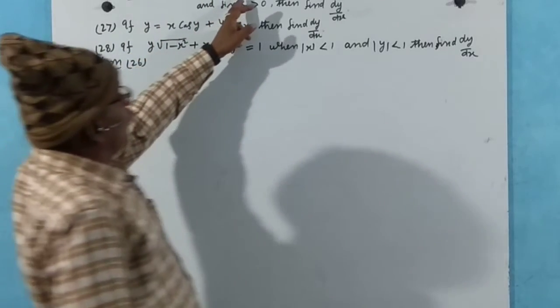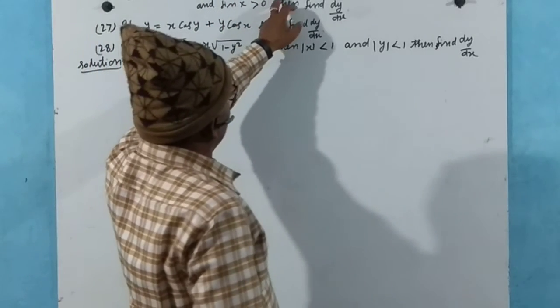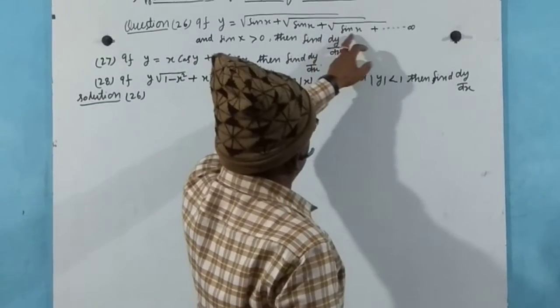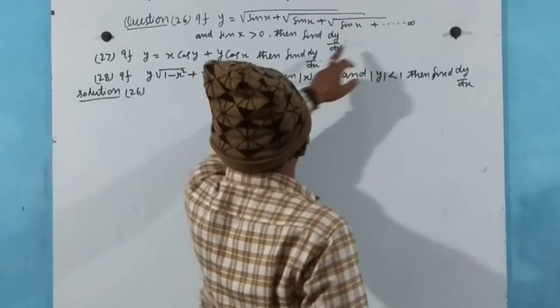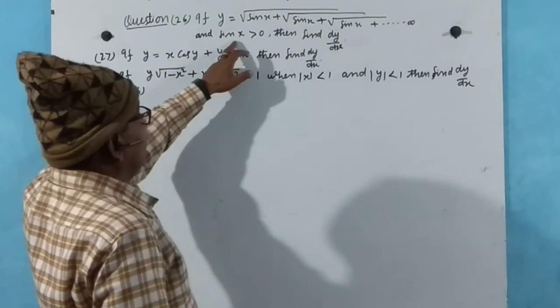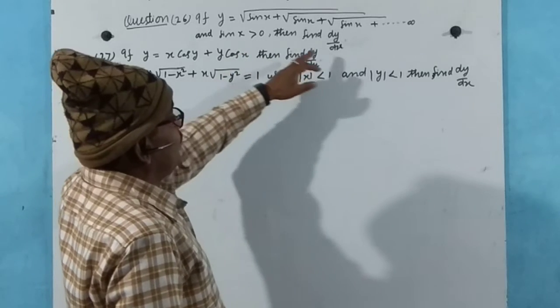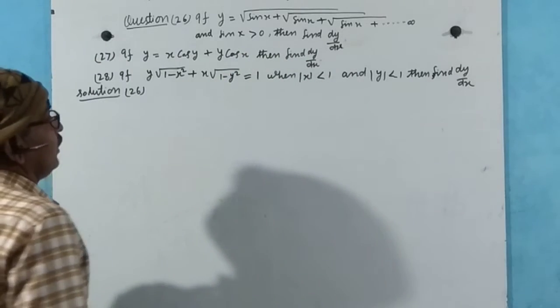If y is equal to under root sin x plus under root sin x plus under root sin x up to infinity, and sin x greater than 0, then find dy by dx.